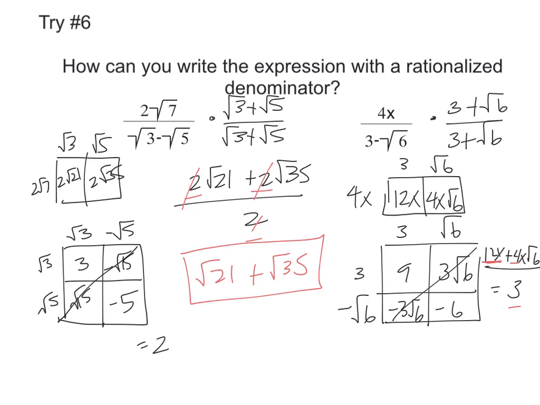However, 12x and 4x share a 2 in common, so I should factor out a 2x actually to leave us with 2x in parentheses 6x plus 2 square root of 6 over 3. And because the 2 and the 3 can't be reduced, we would leave it alone. So this would be our final answer.